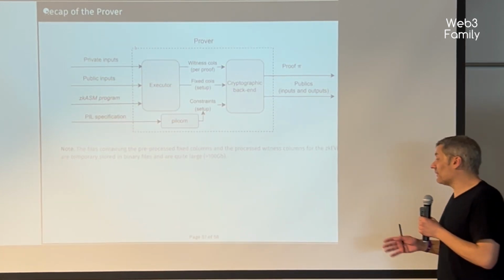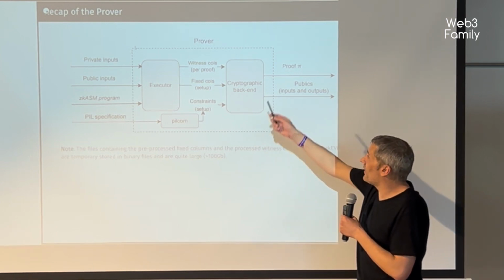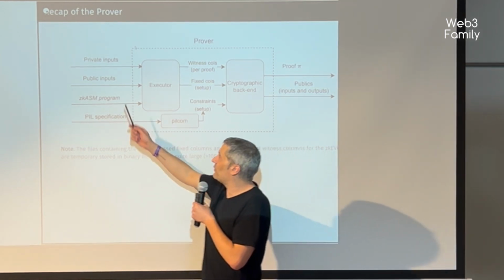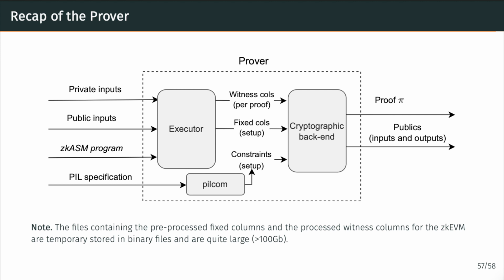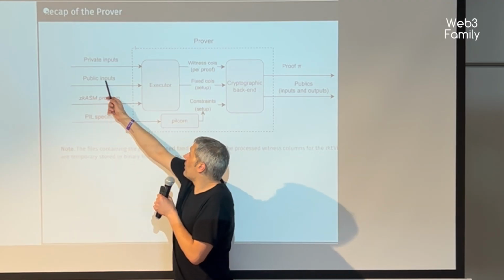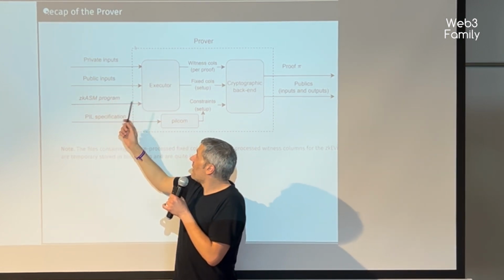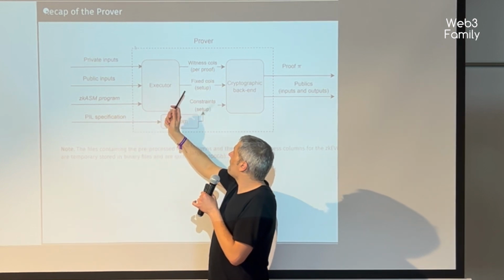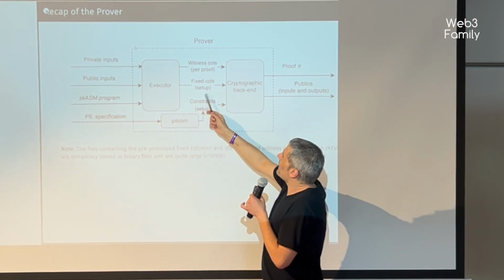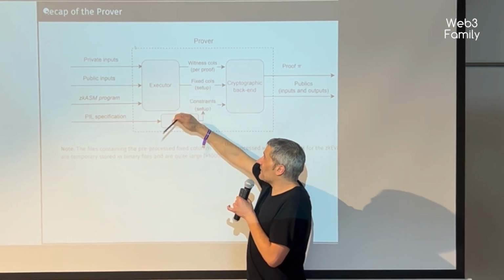And that's it. This is the summary of the prover. You just put some private inputs. In our case, we don't have private inputs because everything is public here. We are only using the proof to verify that the computation was well done, but nothing is private. So in our case, we have these public inputs, which are the data of the transactions, then the zk program, and then the executor generates an execution trace, split in two.